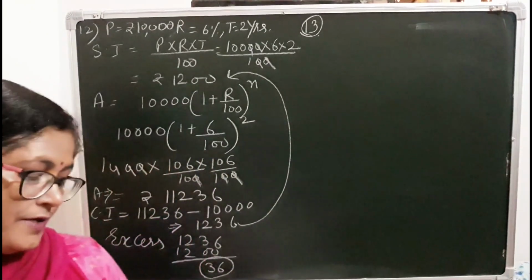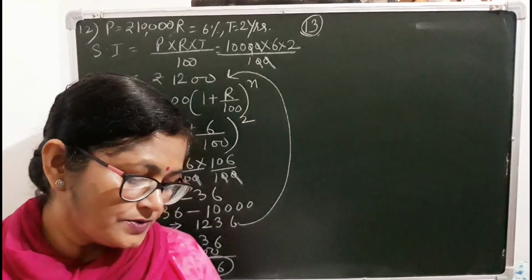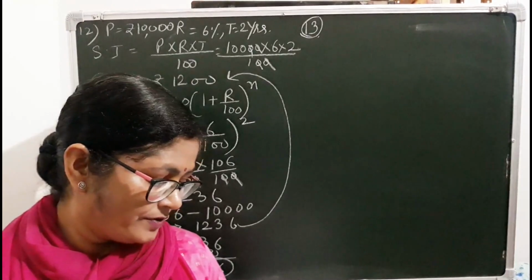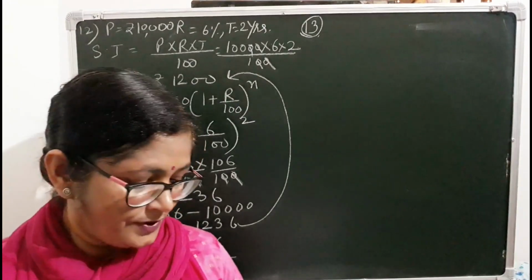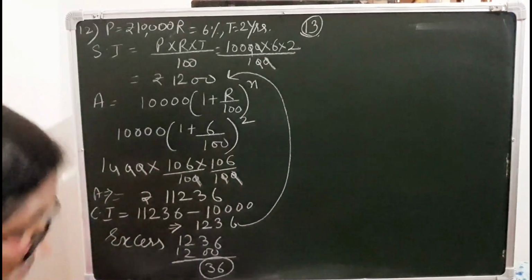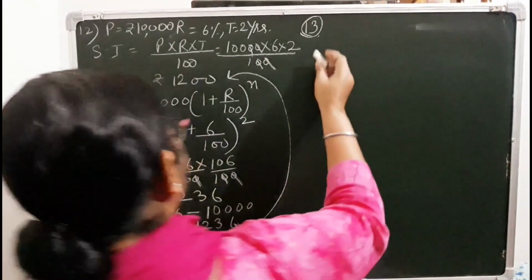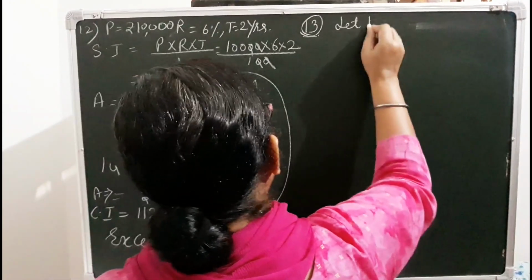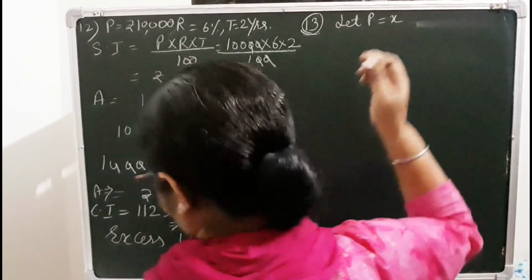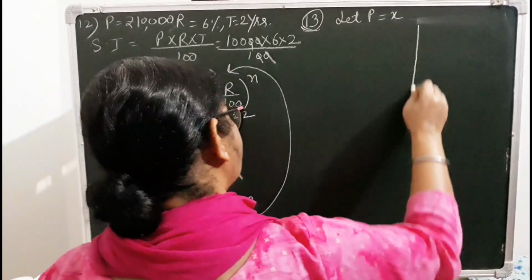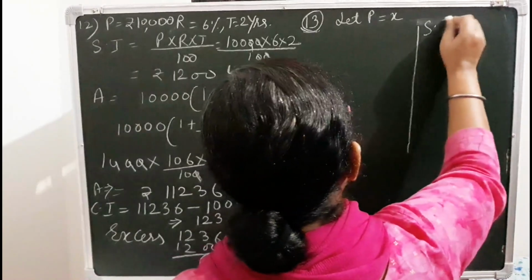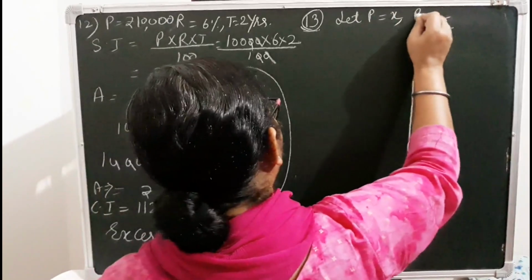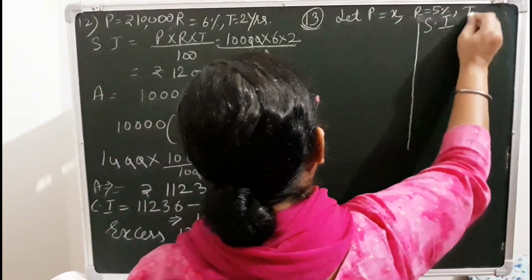The difference between compound interest and simple interest on a certain sum of money for 2 years at 5% per annum is rupees 2.50. Find the sum. You should find the sum. Question number 13. Let principal be equal to x, and on this side we should find simple interest, rate 5% and time 2 years.